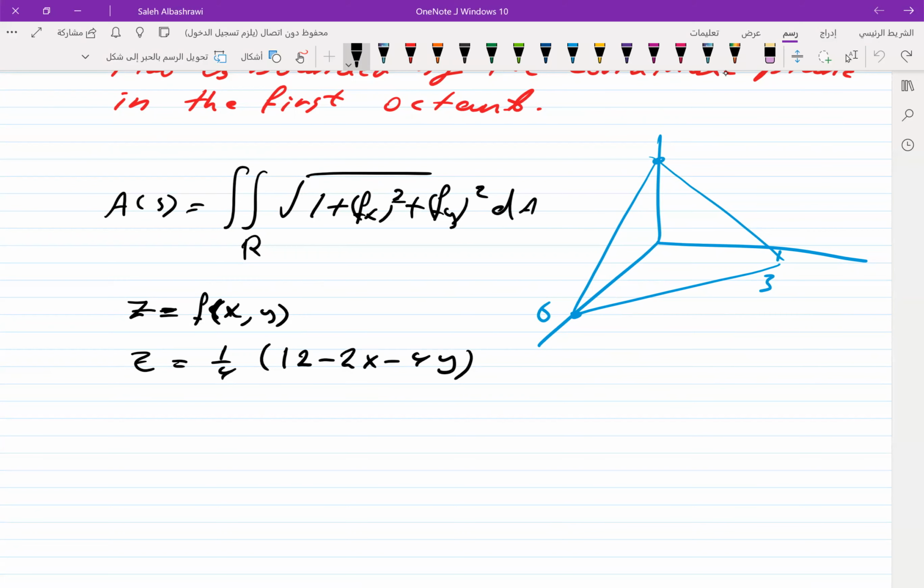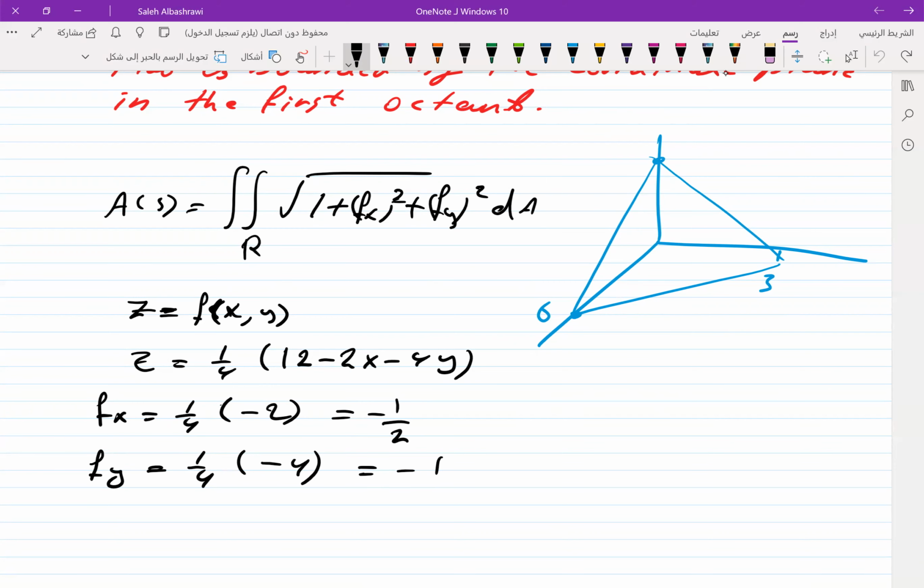Now for this one, let's find the partial derivatives. f sub x equals 1 over 4, and the derivative with respect to x will give me minus 2, so this is minus 1 half. f sub y equals 1 over 4 multiplied by minus 4, which is equal to minus 1.